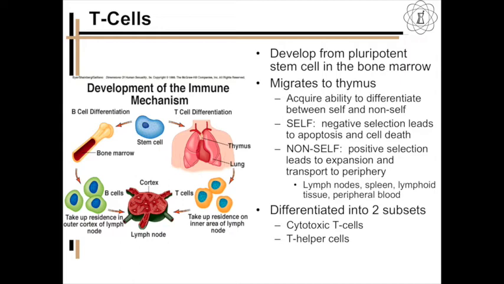If a T cell recognizes yourself, the body is able to look at that and say, hey, that's part of us, and so that particular T cell dies off. That tells our body that this is not something we need to be attacking or taking care of, because it's part of us.